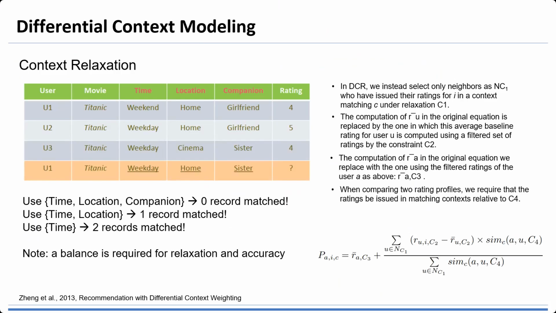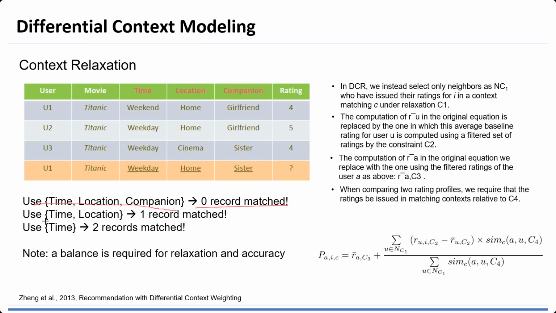So for example, this is the one that I mentioned to you. We have the differential context modeling, and we want to do the context relaxation. If we use three attributes, time, location, and companion, zero records match. So we don't have any records that can be matched.